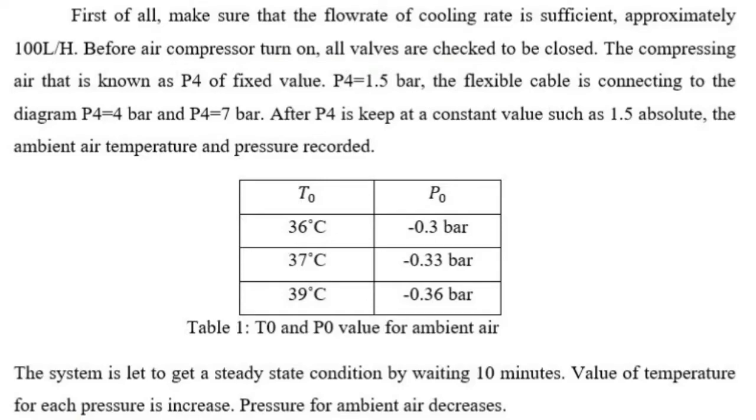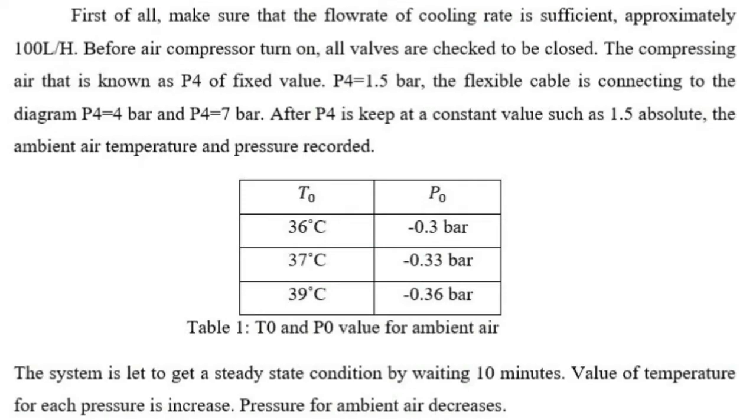My part is observation. In the observation, I will talk about how to conduct the flow and the hypothesis. First of all, make sure that the flow rate of cooling water is sufficient, approximately 100 liters per hour.